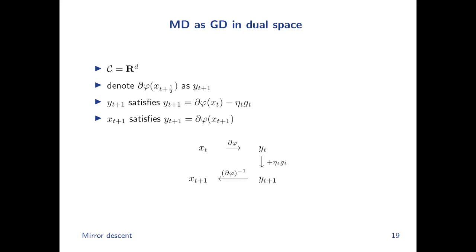Once you add this step, you get y sub t plus 1, and you map it back to x sub t plus 1. So there is this mirrored sequence of iterates in the dual space, where it's basically just gradient descent. But when you mirror it back into the primal space, you get this very complicated sequence of iterates. This is what is meant by mirror descent being gradient descent in dual space.